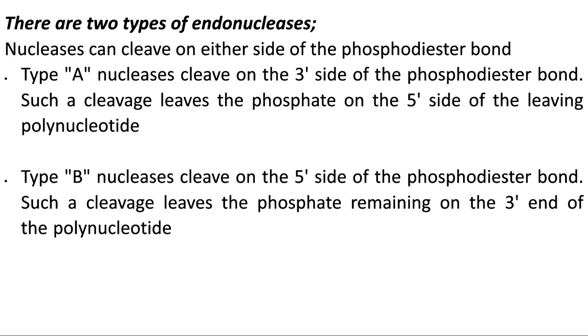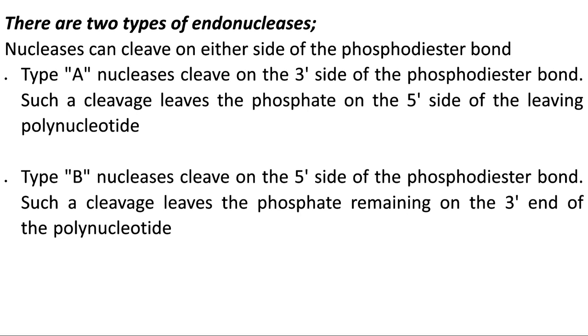Now, there are also two types of endonucleases, depending on which side of the phosphodiester bond they cleave. For instance, we have the type A nucleases. The type A nucleases cleave on the 3' side of the phosphodiester bond.